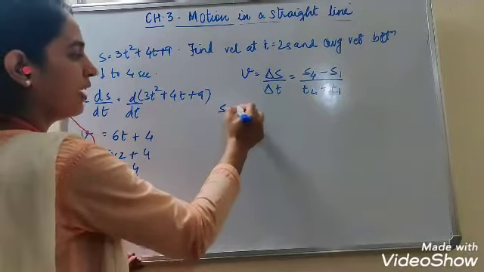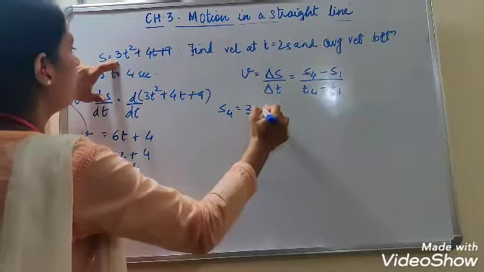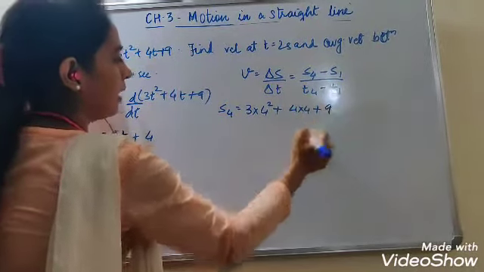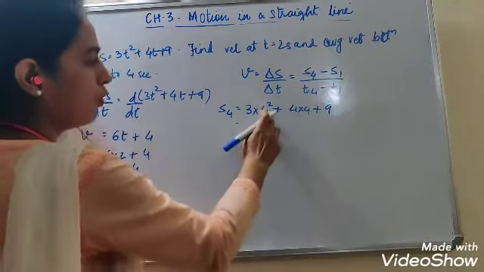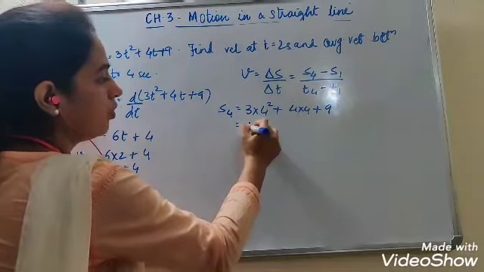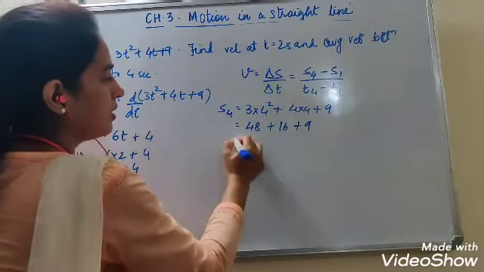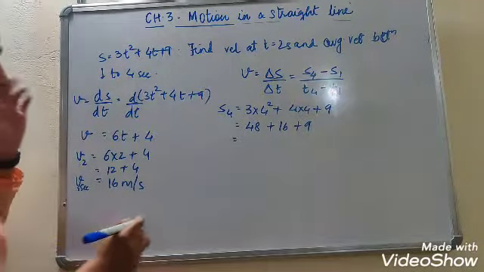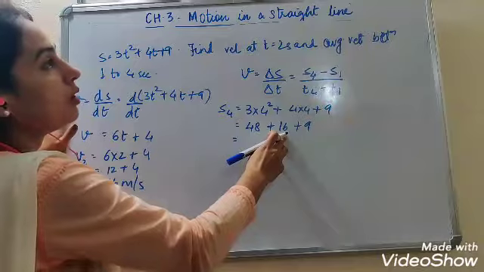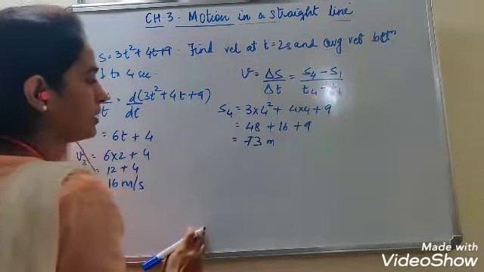So S4 we'll find quickly. S at 4 will be equal to 3 into 4 square plus 4 into 4 plus 9. So that will be equal to 4 4s are 16, and 16 3s are 48, plus 4 4s are 16, plus 9. 48, 64, 73, that is equal to 73 meters, S4.